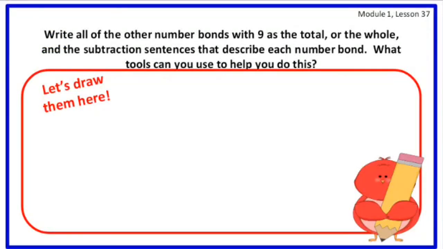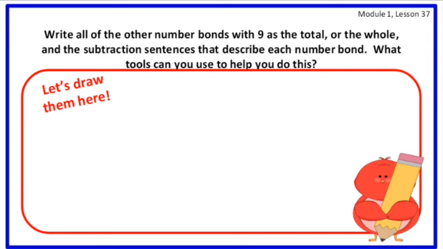Over to this. They said write all the other number bonds with 9 as the total or whole, and the subtraction sentences that describe each number bond. Now what tools can you use to help you do this? It's very simple. They want to draw number bonds with 9 as the total or as the whole.